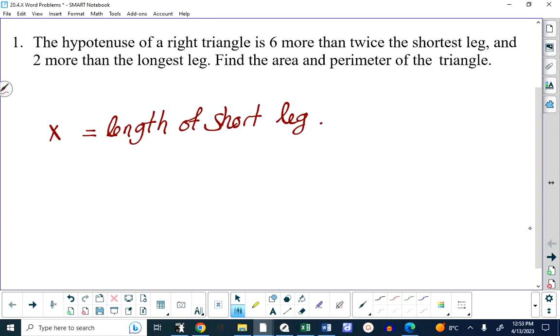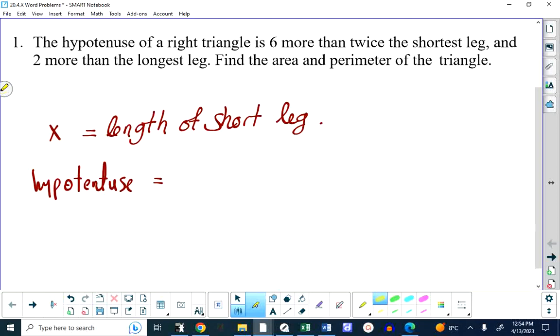So what is the hypotenuse? Well, the hypotenuse, I don't want to write h equals. I don't want you to think I'm introducing another variable. I'm not. This is the hypotenuse. What does it say about the hypotenuse? Look up here, please. When you translate words to math, there are certain rules.